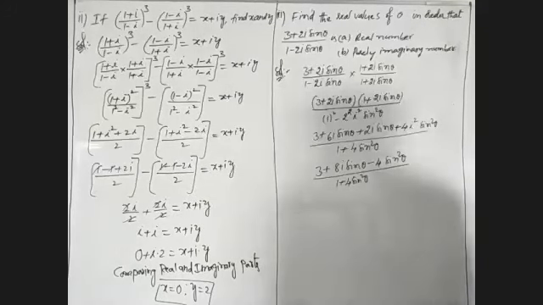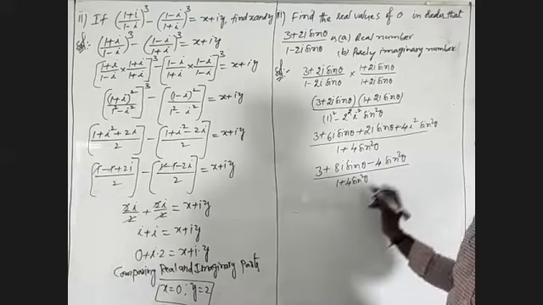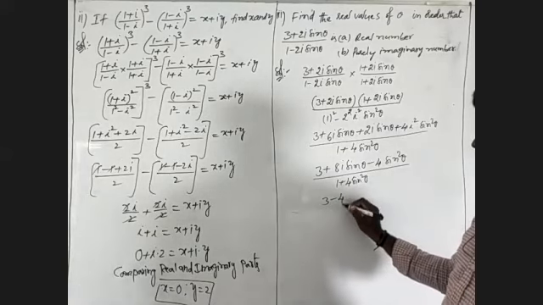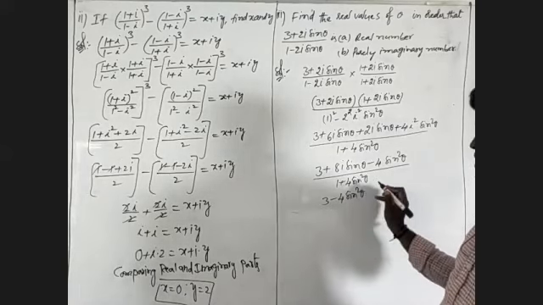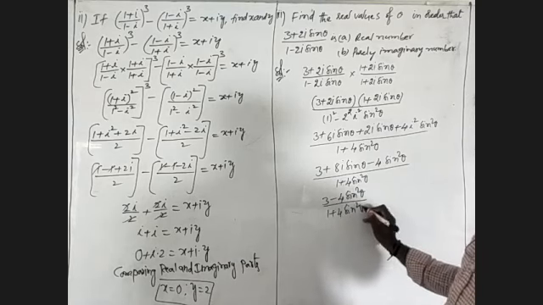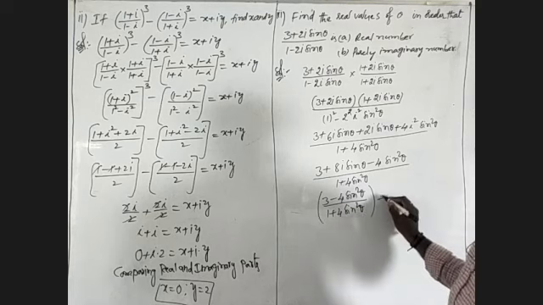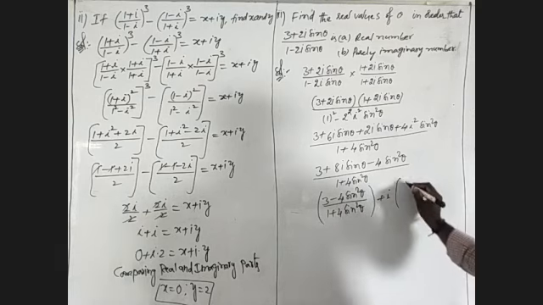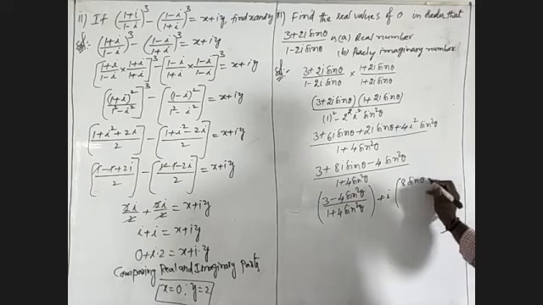Here we will observe. We have to separate the real and imaginary parts. We will get (3 minus 4 sin square theta) by (1 plus 4 sin square theta), plus i, where i is common, remaining we have to write as 8 sin theta by (1 plus 4 sin square theta).